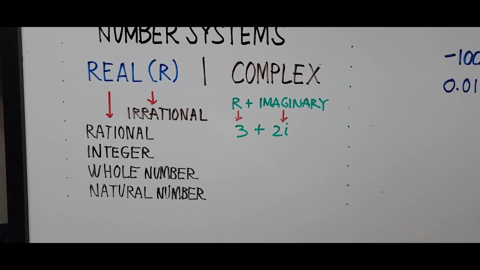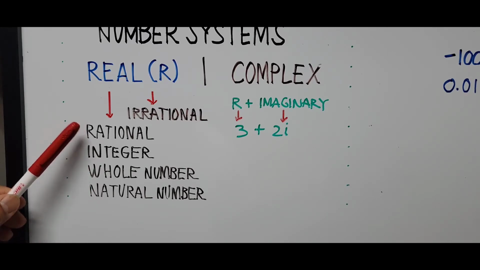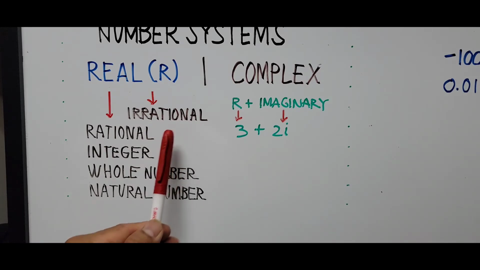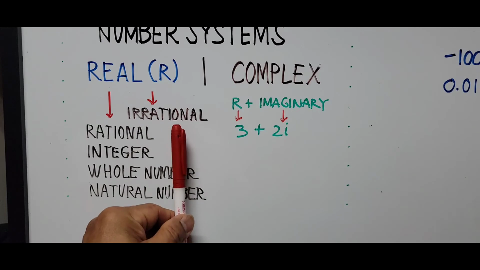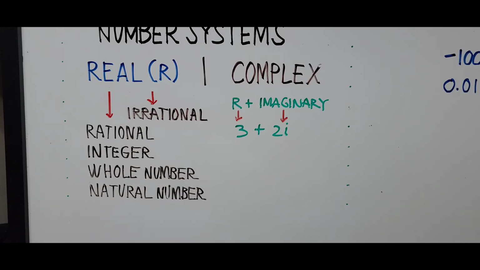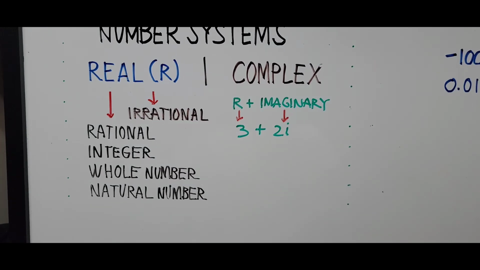A natural number is a kind of whole number, and whole numbers and natural numbers are integers, and integers, whole numbers, natural numbers are rational numbers, but not irrational numbers. So these kinds of numbers are the opposite of irrational numbers.